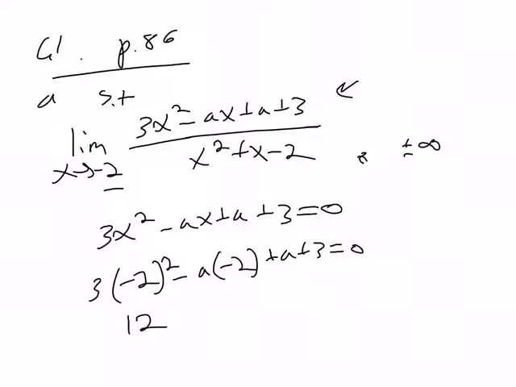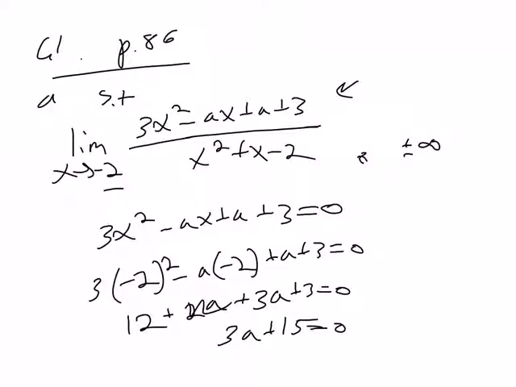Or in other words, we want 12 minus 2a plus a plus 3 to equal 0.